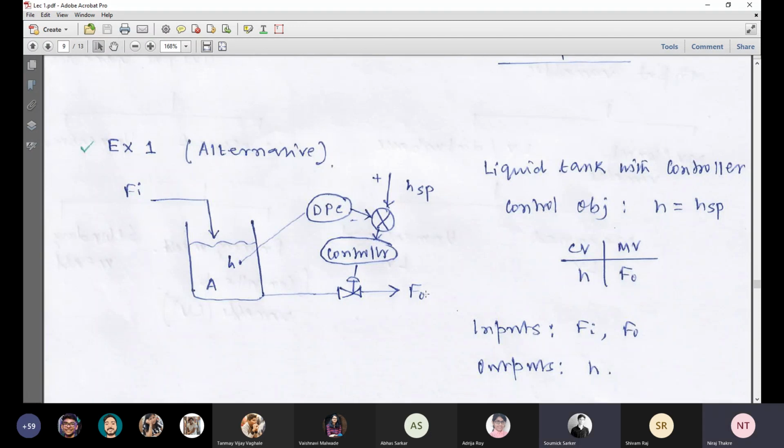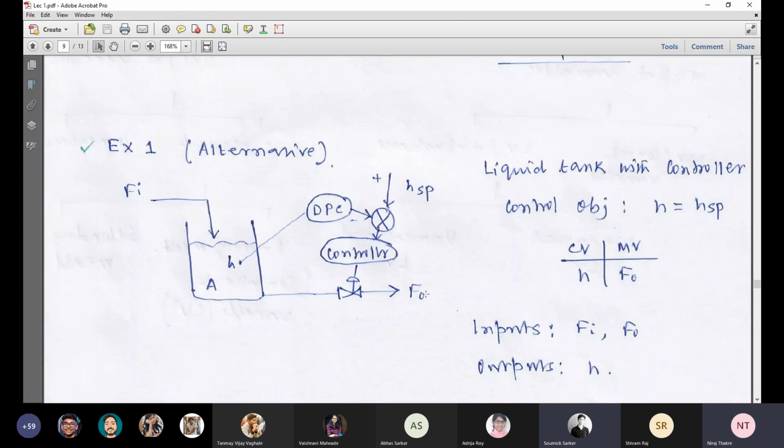Because we are regulating that variable. Regulating means? The controller controls the flow rate of the output, so we are in control of that flow rate only. If I can vary it, or any disturbance, which we are not controlling here.